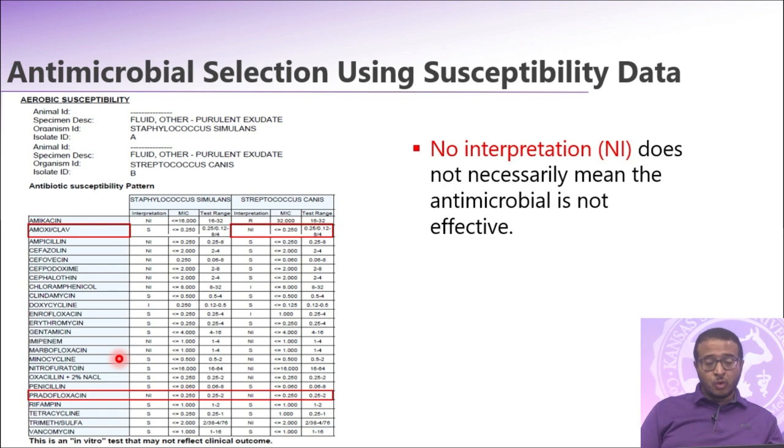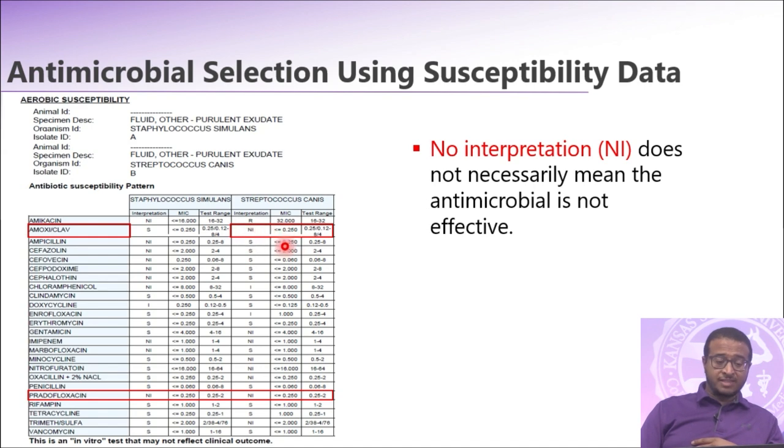And then again, no interpretation does not mean that the drug is not going to be effective. I'm also picking on this other example here, a sample of purulent exudate from different sores in the neck and the legs of a patient that came to the lab. We grew from it a Staph simulans and Strep canis, and again you see for amoxicillin clavulanic acid for Streptococcus canis it shows as NI.